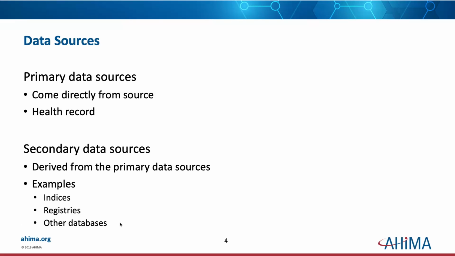Examples of secondary data sources are indices, registries, and other databases. So again, a primary data source is the EHR, or it came directly from the source. The secondary data sources have pulled information from those primary data sources, and that's what you're looking at.